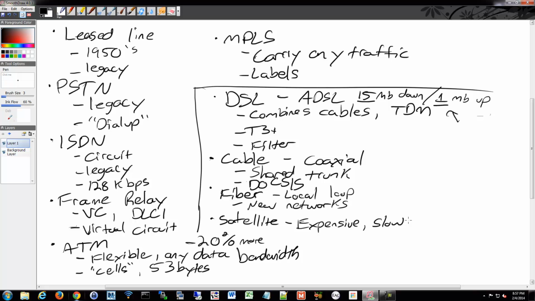Unless you're in a highly remote area, it's probably not your best option. Probably your best option in a rural area that for some reason doesn't have DSL or something like that would be cellular, actually. The cellular carriers are still pushing really hard to get the most coverage, and you can use that to your advantage.